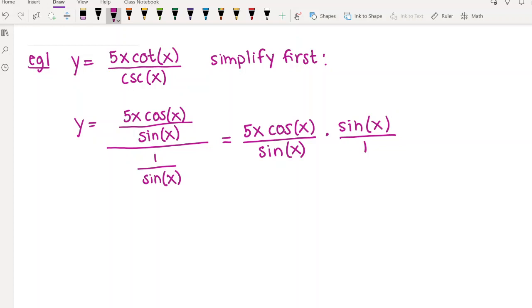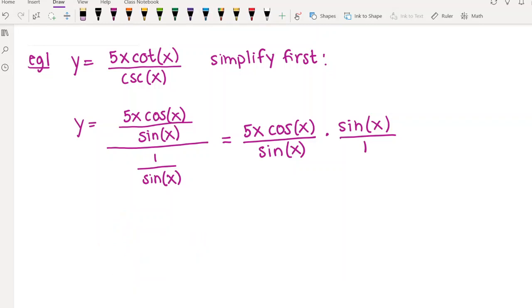Alternatively, it's a nice thing to just recognize in general. If you have something that looks like a over b over c over b, that's always going to simplify to a over c, because of basically what we just did here. If they have the same denominator, then they'll cancel each other out.